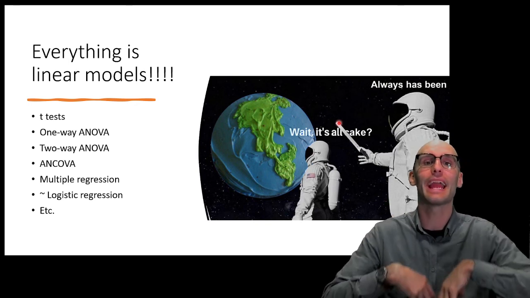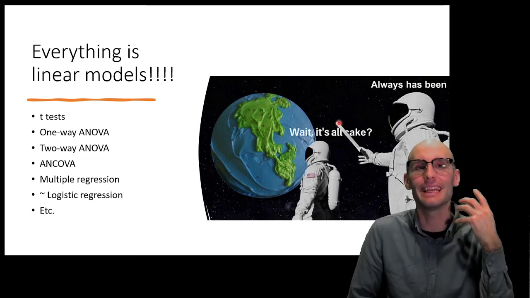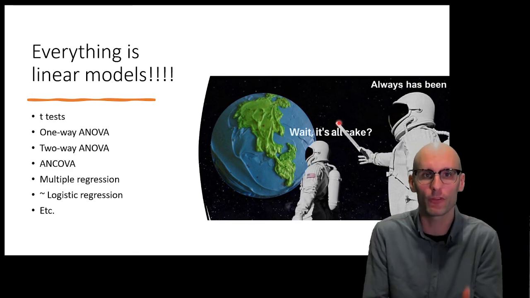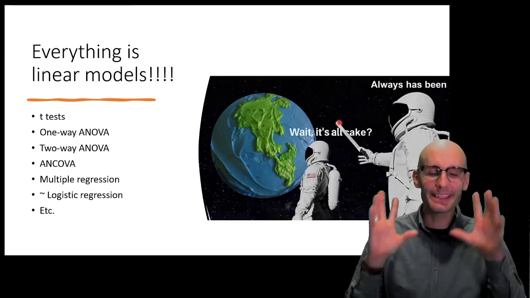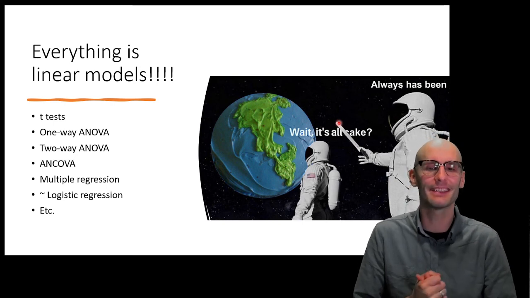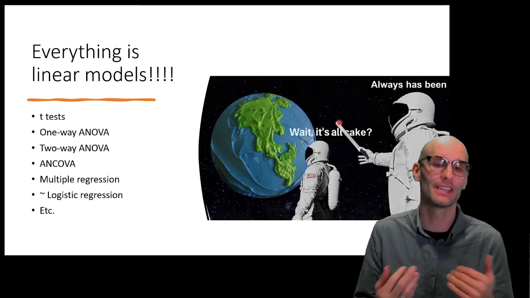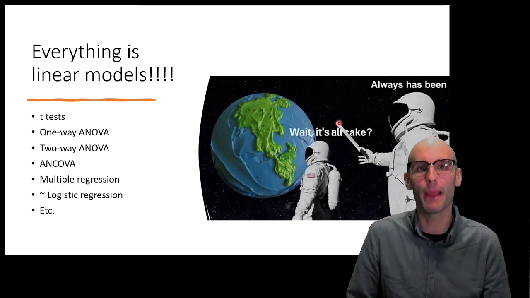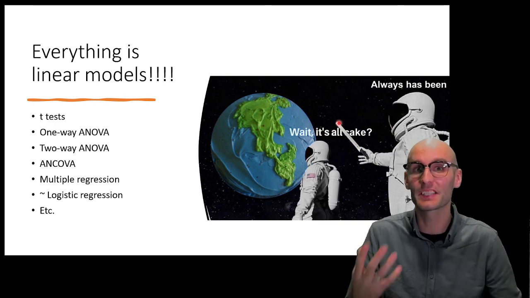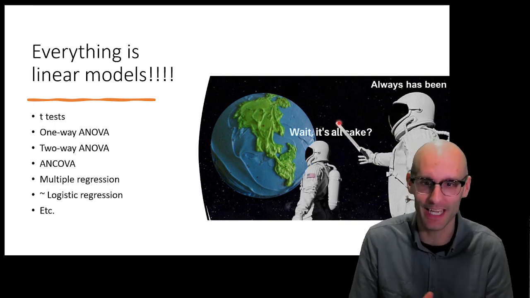You overlay a model and then you look at the explained versus the unexplained variation and you derive your p-value from that, okay? And that's a key principle, and I'm going to cover this in the next few videos about statistics. Don't worry about t-test versus ANOVA versus this versus that. Just think about stats as overlaying a model and looking at the explained versus unexplained variation, because it all works out to be the same thing.